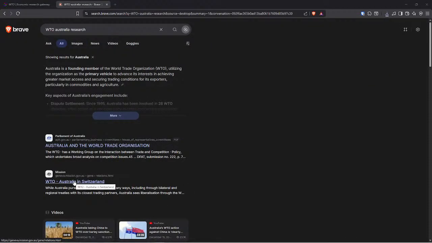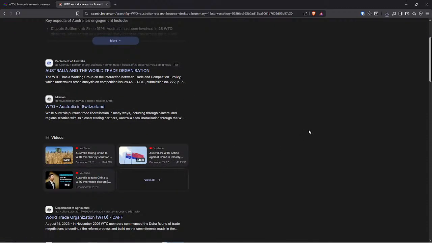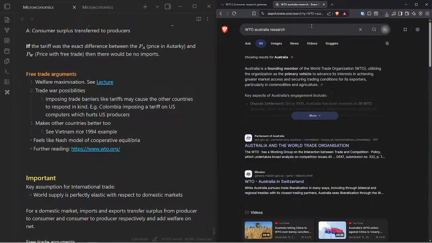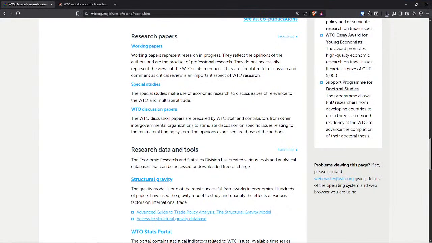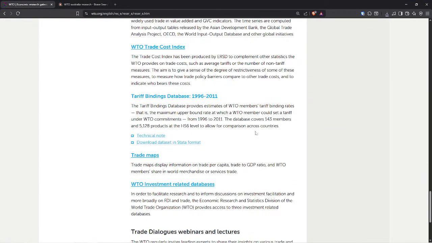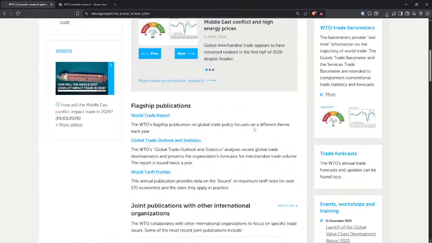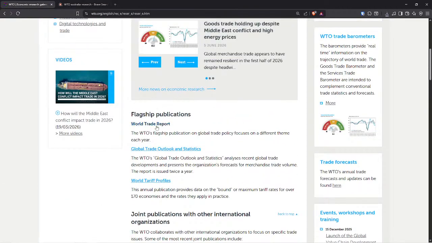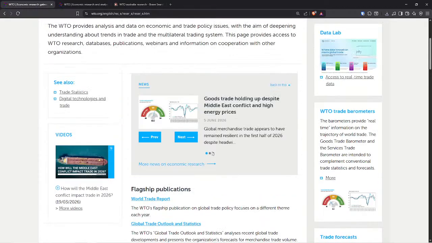House of Representative Committees. Okay. But it might be interesting. Tariff data. World Trade Report. Global Trade Outlook.